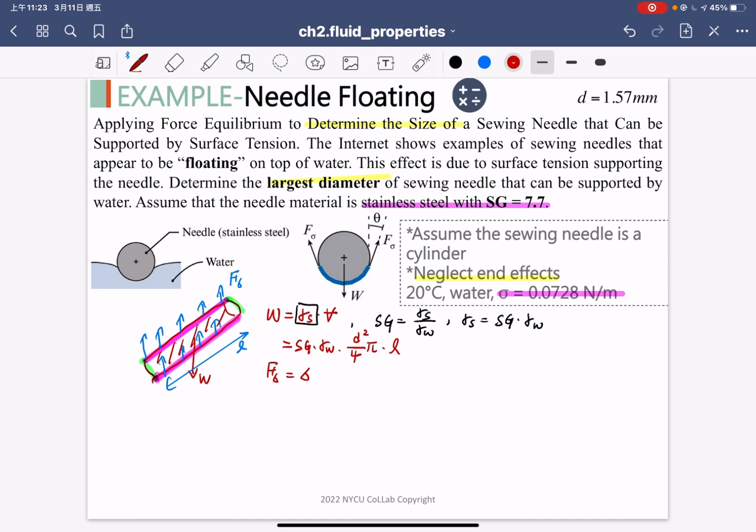Here we have the sigma multiplied by the length, right? And so we multiply the L, but we have two sides. We have the two sides of the needle. So here we need twice the sigma L because we have the two sides crossing the interface. Okay, so go back to the force balance.